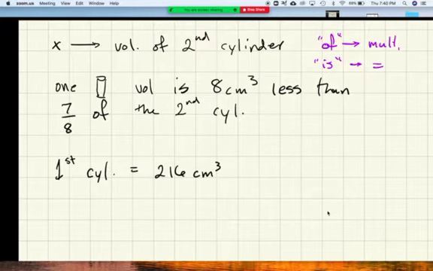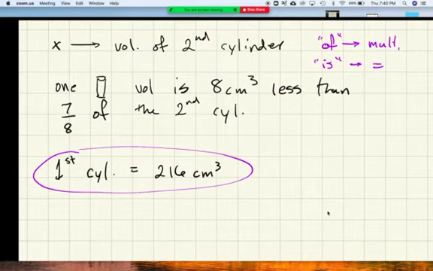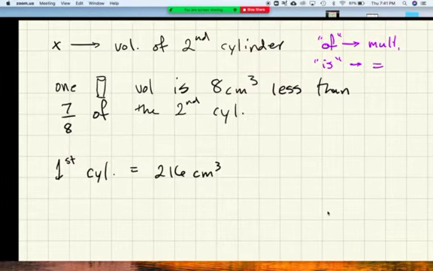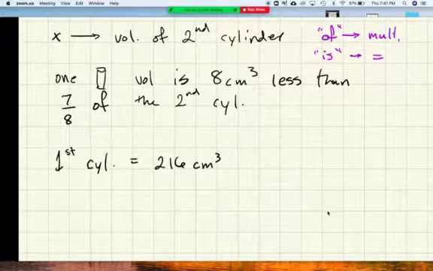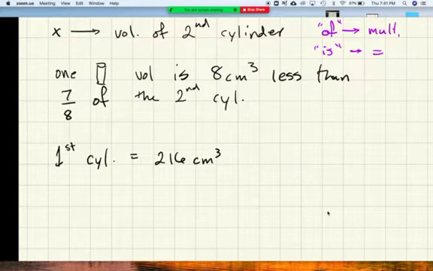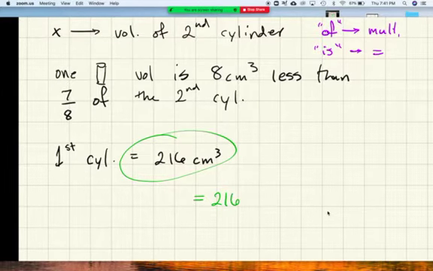And it says the first cylinder is equal to 216. If the first cylinder's volume is 216, what is the correct equation and the value of x? So that's my hint for this.